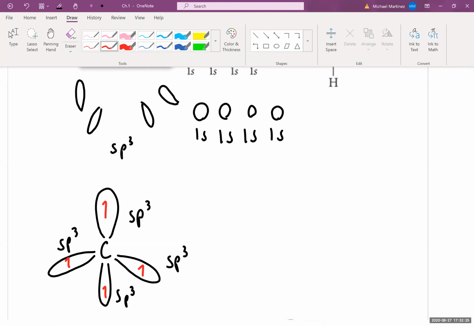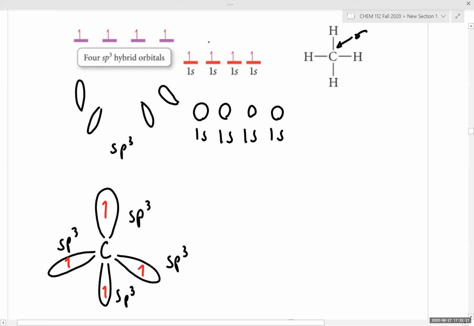If we wanted to form a chemical bond, just like we've seen in our previous examples, we're going to take our hybrid orbital, which has 1 electron, and overlap it with a hydrogen 1s orbital. That in turn is going to form a bonding orbital and an antibonding orbital.